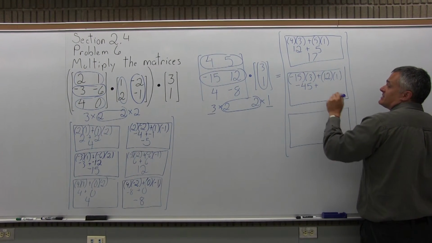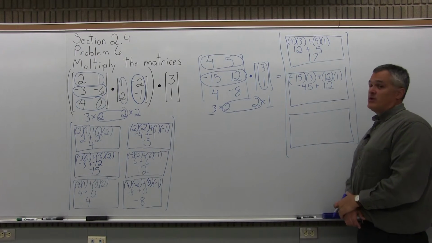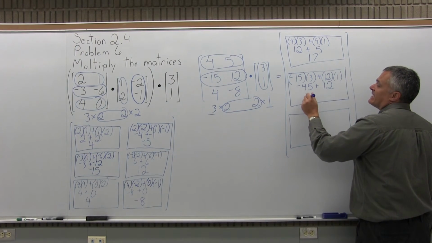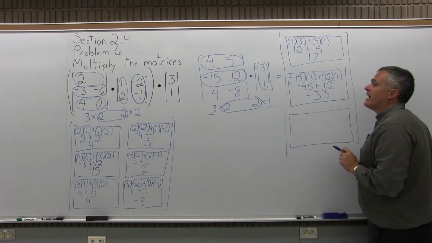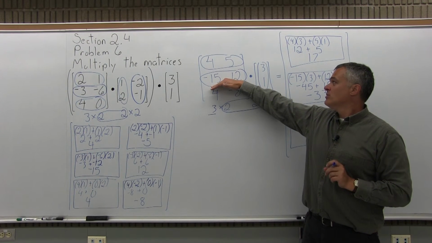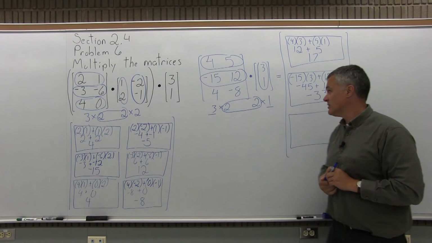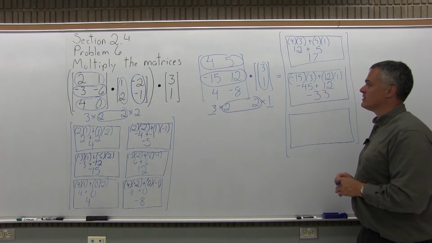And then second times second, 12 times 1 is 12. And now when you add those values, negative 45 plus 12, you will get negative 33. And again, that result goes in that spot because I multiplied the middle row of the first matrix times the only column of the second matrix. So the answer goes in the middle row and the only column. That's why we put it there.